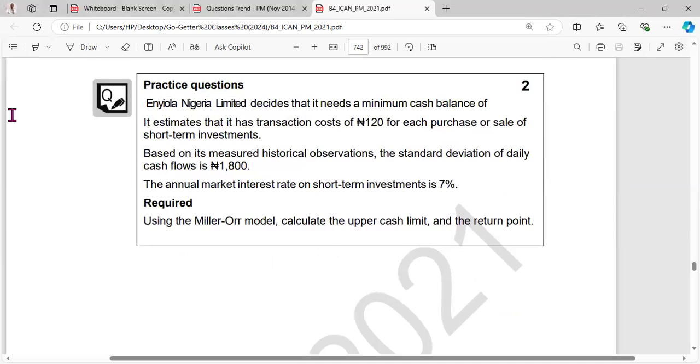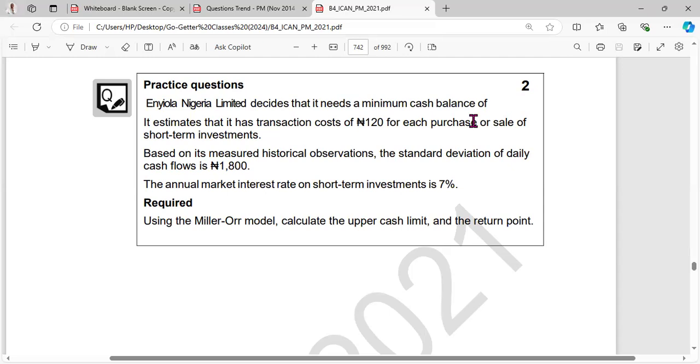Eniola Nigeria Limited decided that it needs a minimum cash balance of... it didn't tell us what the minimum cash balance is. Let's see if it's possible we can get to do this question.